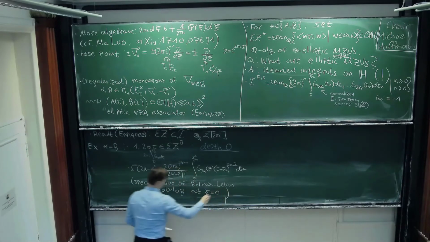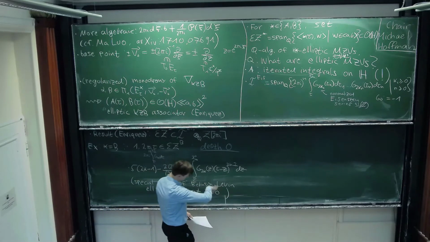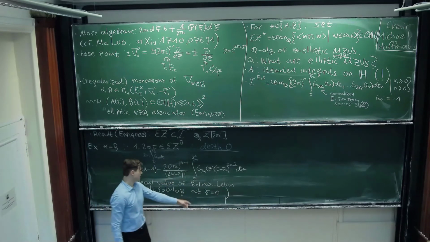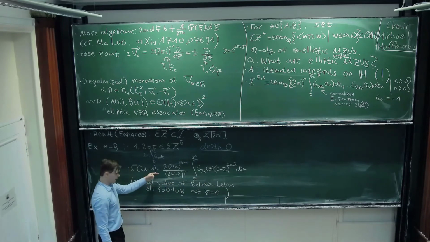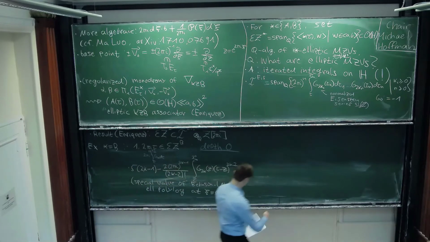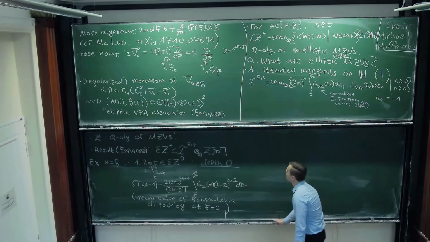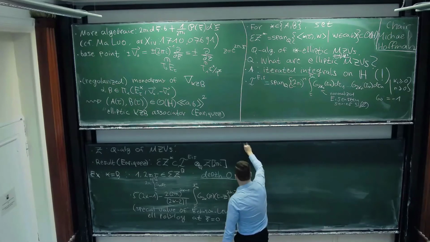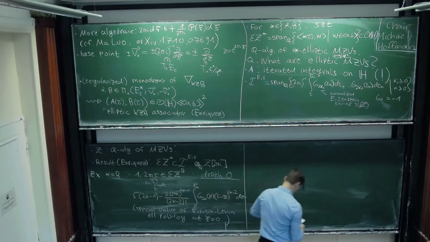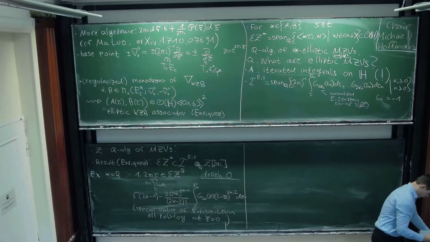Elliptic polylogarithms also depend on a point in the elliptic curve, and you can evaluate them at 0, and you get this.